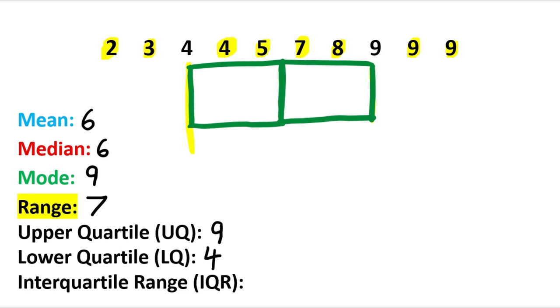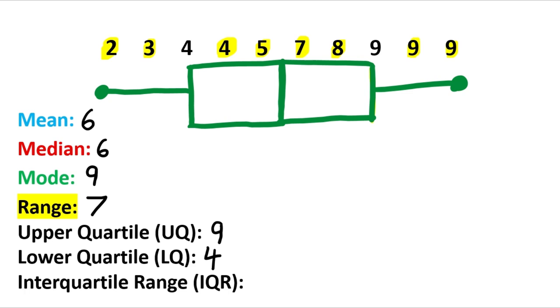And the whisker part comes in when you extend a whisker out to the upper extreme, which is 9, and then the lower extreme, or lowest value, which is 2. And now you have a lovely little box and whisker plot, and we are prepared to come up with the interquartile range.